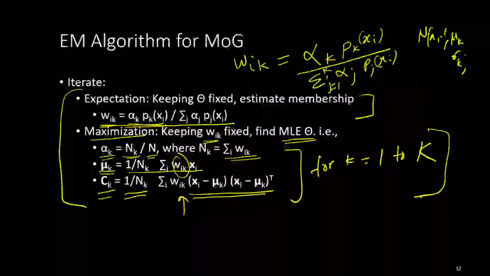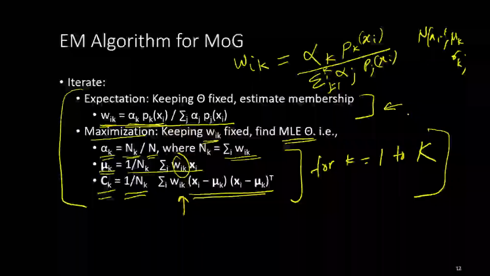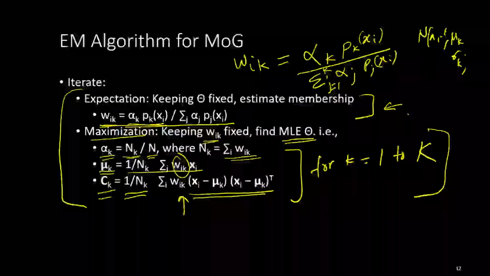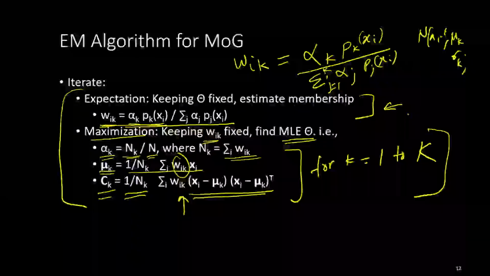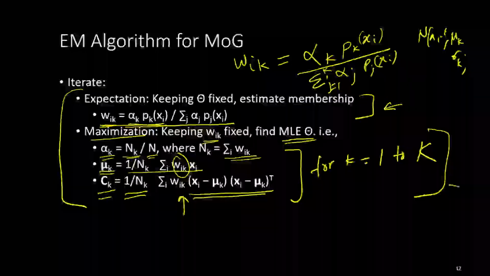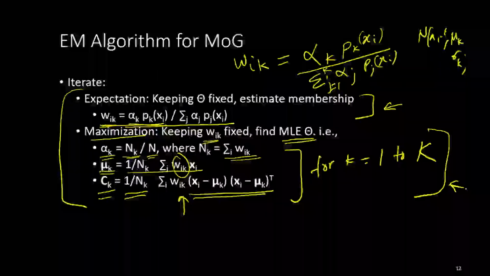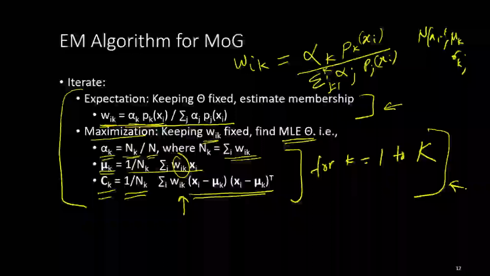So similarly here we are measuring the fuzzy membership in some sense to each Gaussian, based on how likely it is to belong to that Gaussian relative to the other k Gaussians in the mixture. And then we are looking at the maximum likelihood estimate of the mu and the sigma for each Gaussian, and for the alpha of each Gaussian, or the weight of each Gaussian.